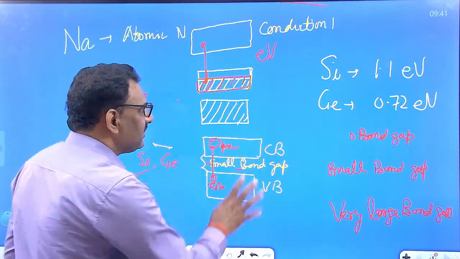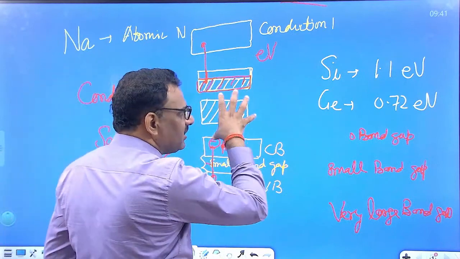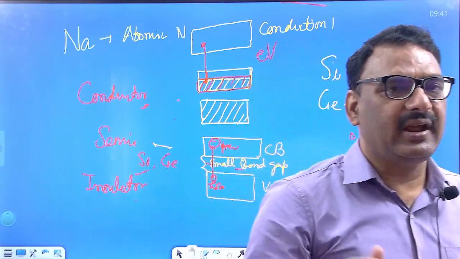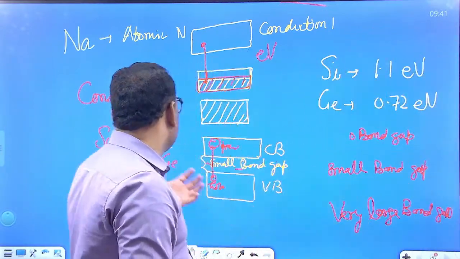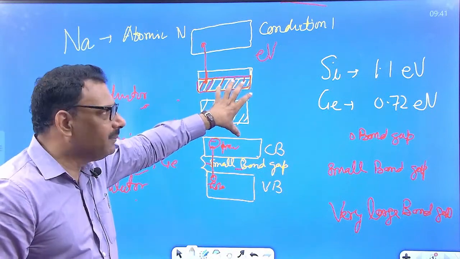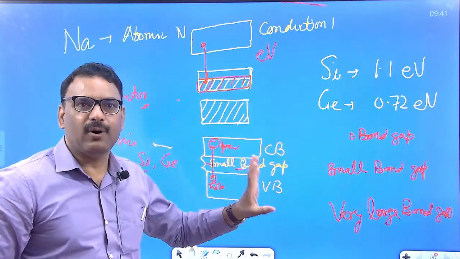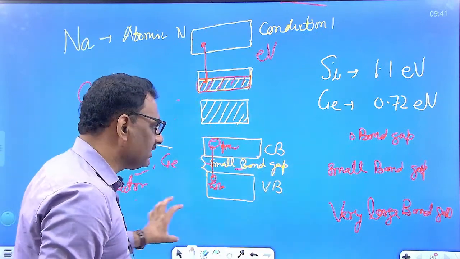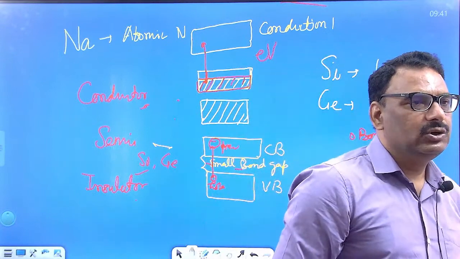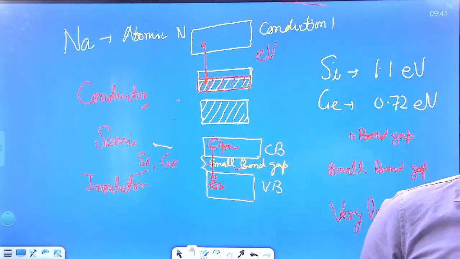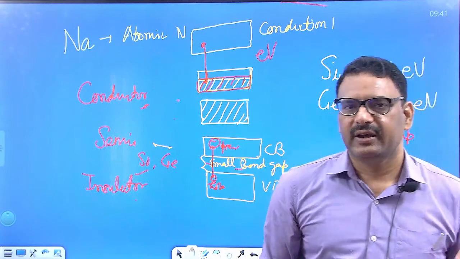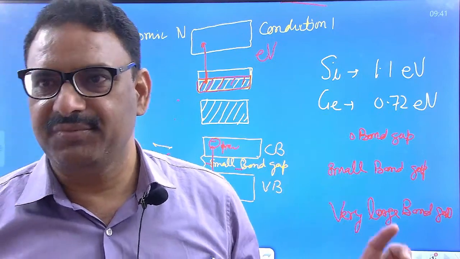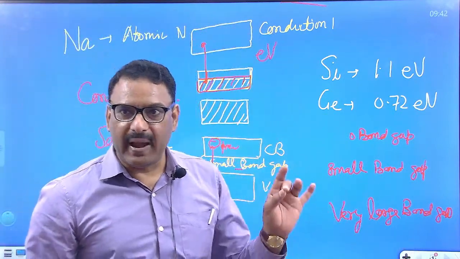This is not in your syllabus, but on the basis of band theory we can differentiate conductor, semiconductor and insulator. For a conductor there is no band gap, zero band gap. For a semiconductor we have a very small band gap, and for an insulator we have a very large band gap. So we can differentiate materials on the basis of conductivity, resistivity, and behavior with temperature, on the basis of free electron theory and on the basis of band theory.